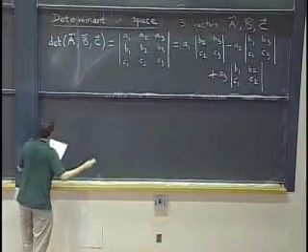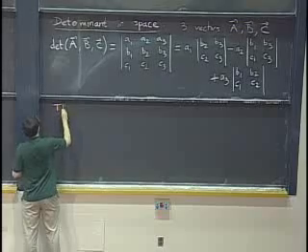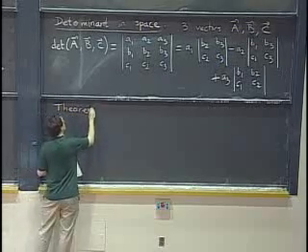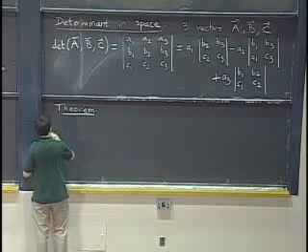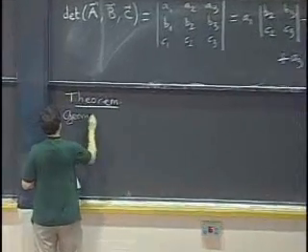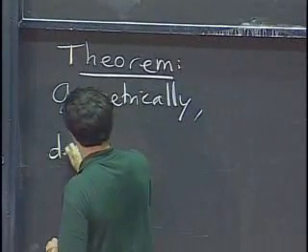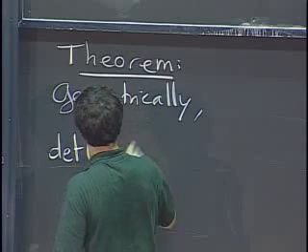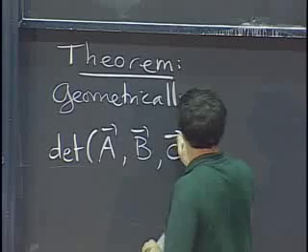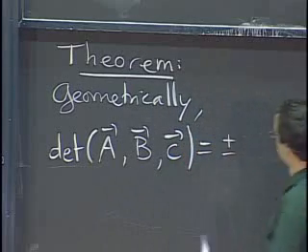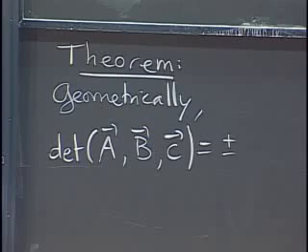So why do we care about this formula? It's because of a theorem that says that geometrically, the determinant of the 3 vectors A, B, C is, again, plus or minus, this determinant could be positive or negative.